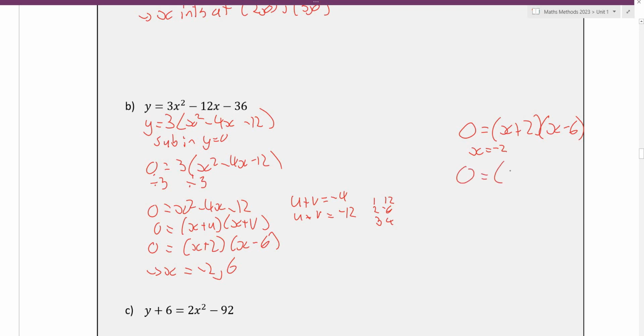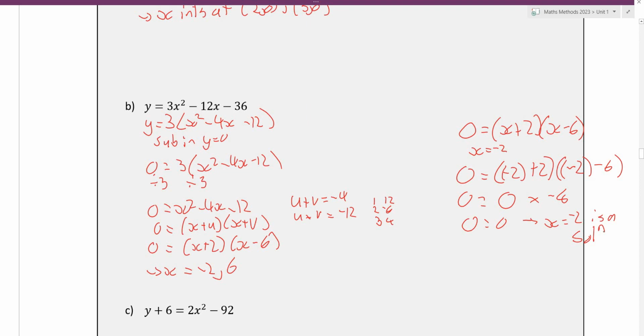So we've got 0 equals -2 plus 2, and then -2 minus 6, right? In the first bracket, what's -2 plus 2? 0. And then what's -2 minus 6? -8. 0 times -8? 0. So 0 equals 0. Therefore, x equals -2 is a solution.